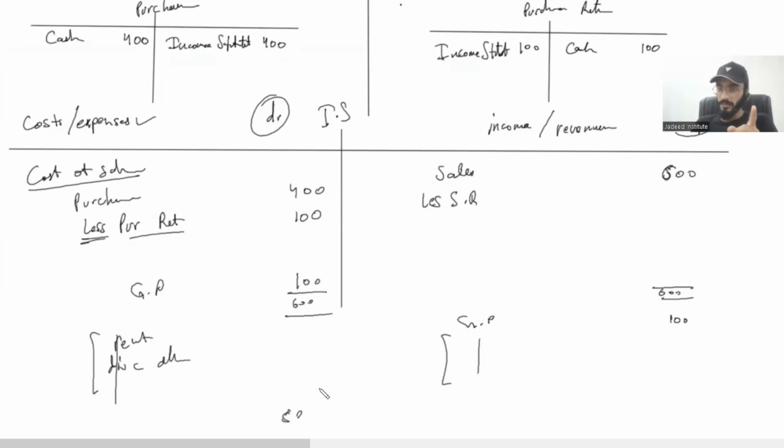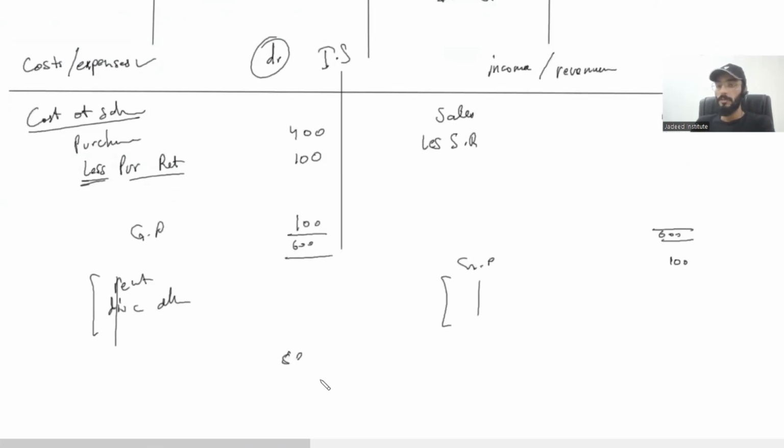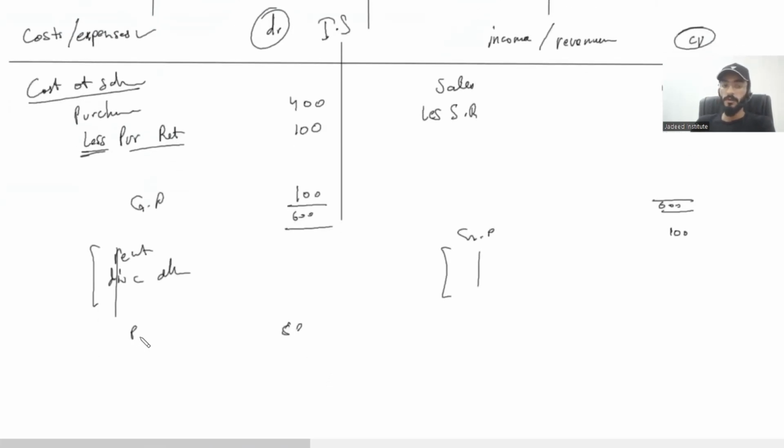And this will be transferred to, anybody knows? The profit for the year. Where does that go? We have the income statement in front of us. We transfer the profit for the year to which account?